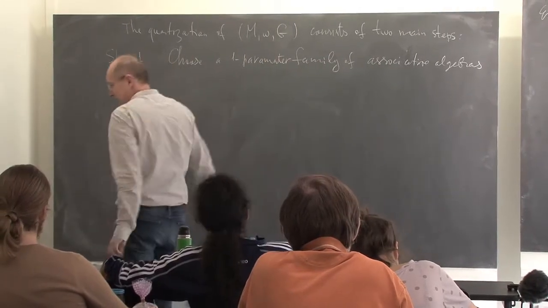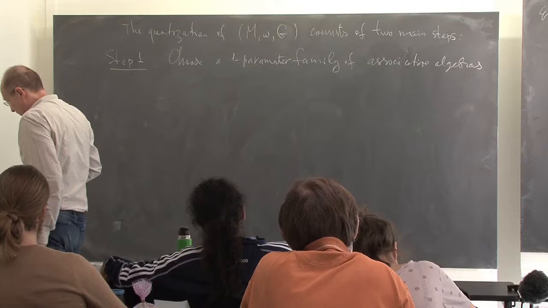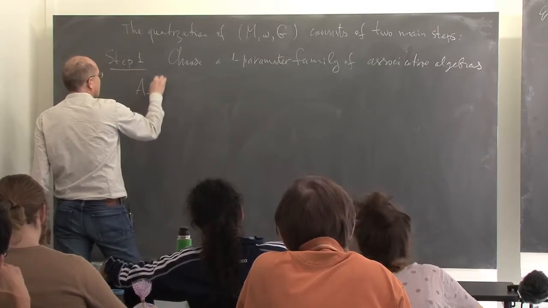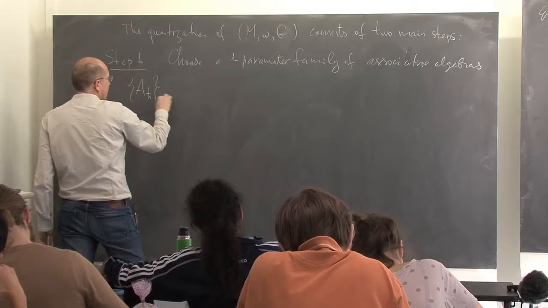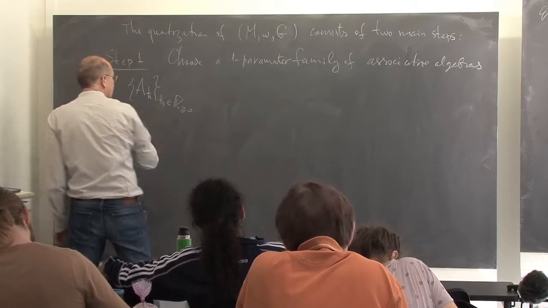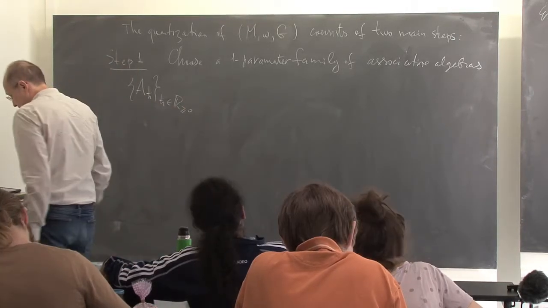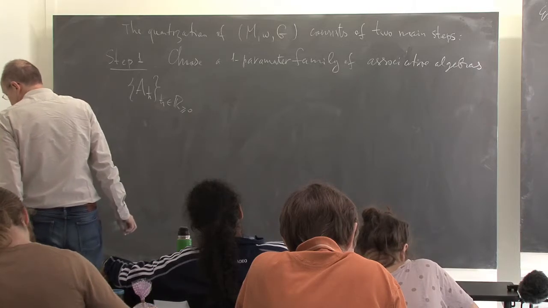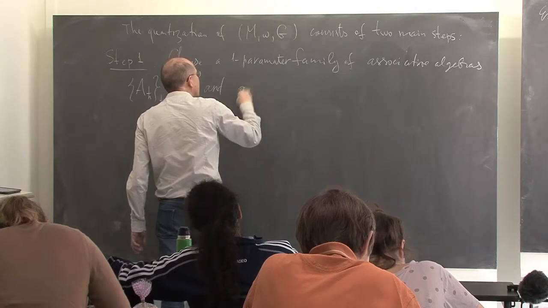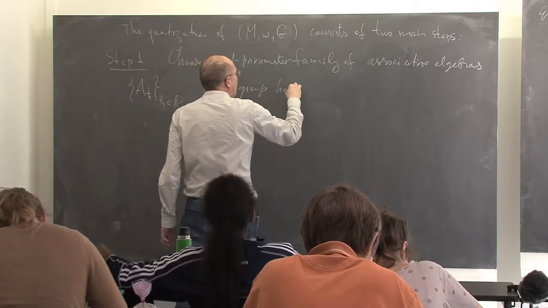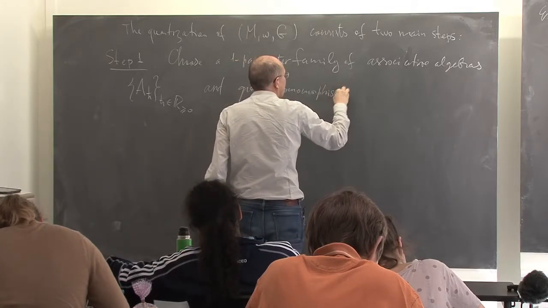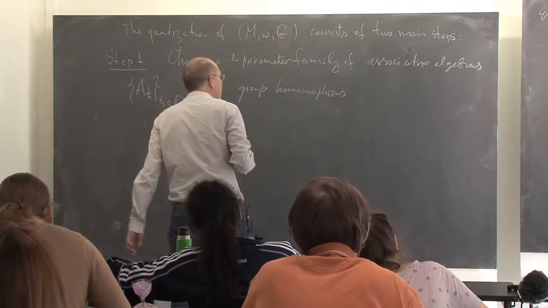Okay, so a one-parameter family of associative algebras, let me denote them A sub h bar, where h bar lives in non-negative real numbers, and a group of homomorphisms, which goes from G to the automorphism group of the algebra A sub h bar.